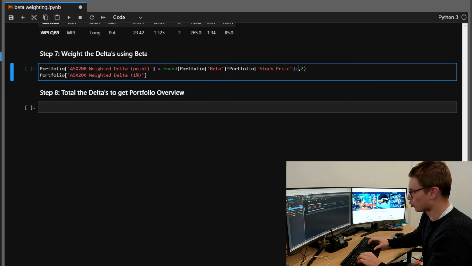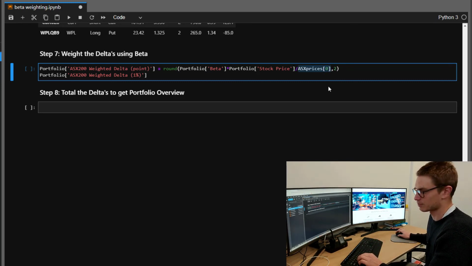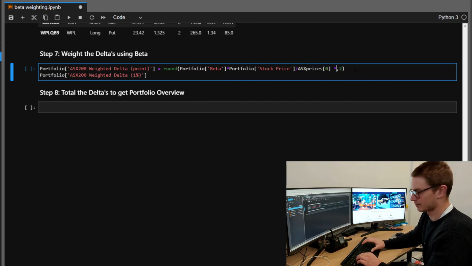We need to normalize that by the ASX price, and remember, we're going to index that by 0 to get the ASX index price. So we're taking the stock price, dividing by the benchmark price, and multiplying that by the beta. Hopefully that makes sense. We're going to take that number and multiply that weighting by the portfolio delta.